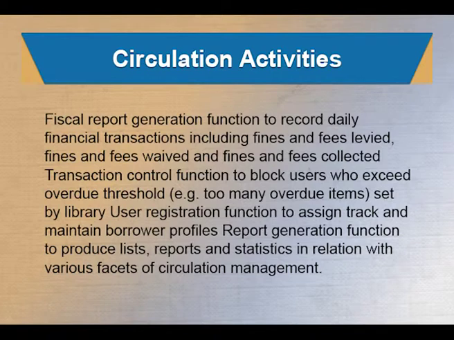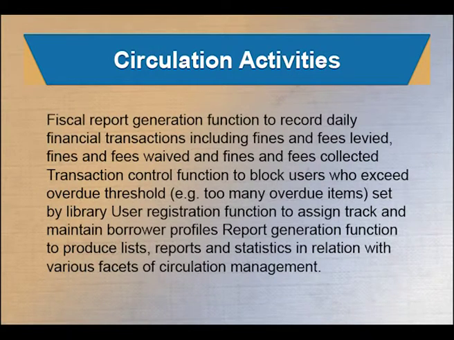Library automation software will automatically block that borrower from issuing items further. Now user registration function to assign, track and maintain borrower profiles is also becoming a part of circulation activities. Report generation is a very important function of the circulation module of any library automation system.